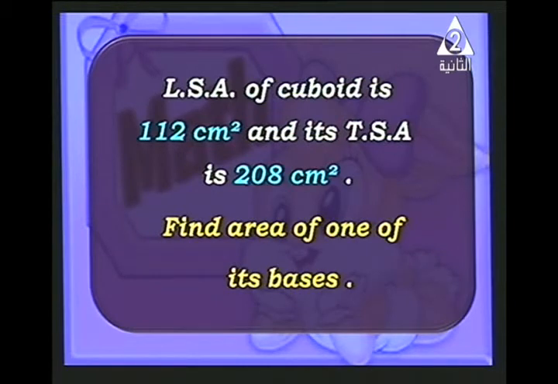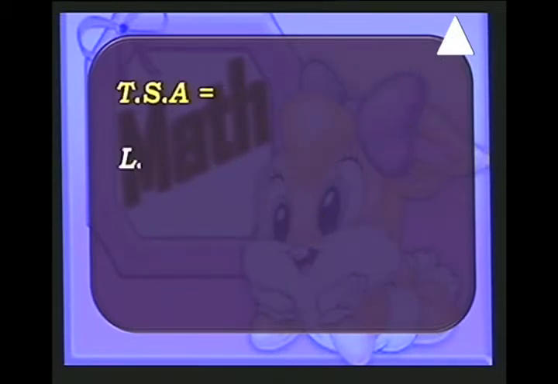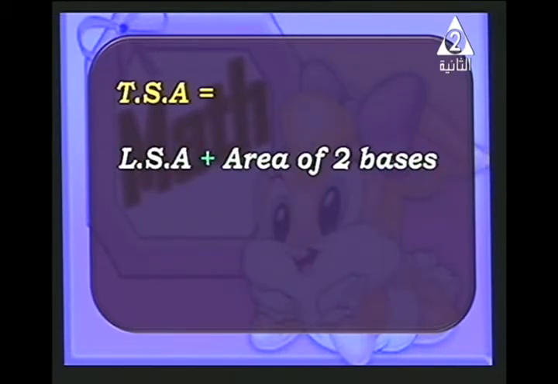Of course, you know that the lateral surface area of a cuboid is the area of the faces of the figure, and for the total, we add the two bases. So total surface area equals lateral surface area plus area of two bases.